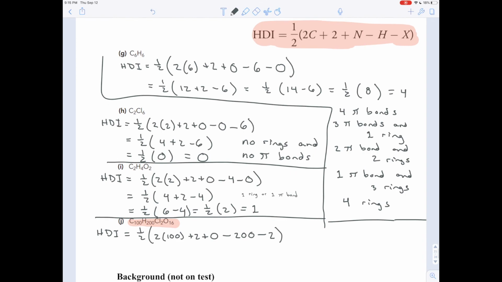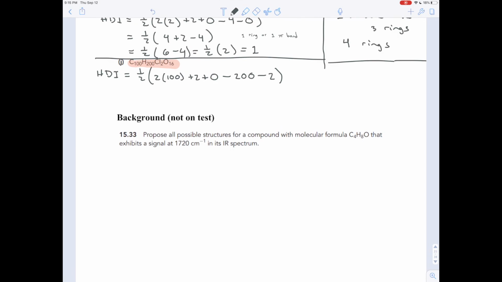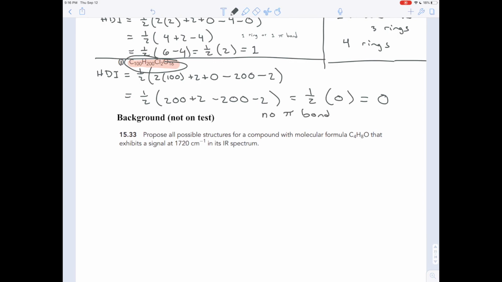And notice the oxygens don't make a difference. So here, the hydrogen deficiency index will be 1/2 times 200 plus 2 minus 200 minus 2. Well, that's just 1/2 times 0, and so 0. So look at that, in like 30 seconds we could tell that there are no pi bonds and no rings in that gigantic molecule.